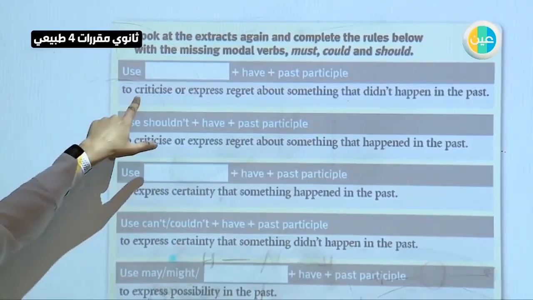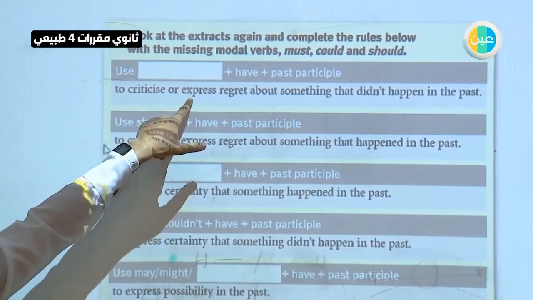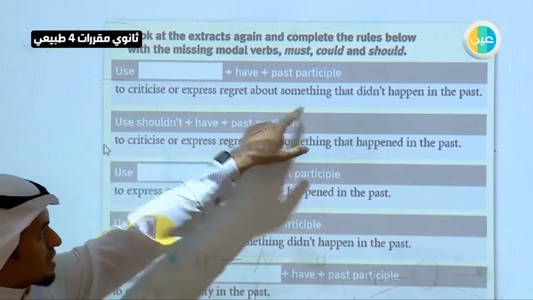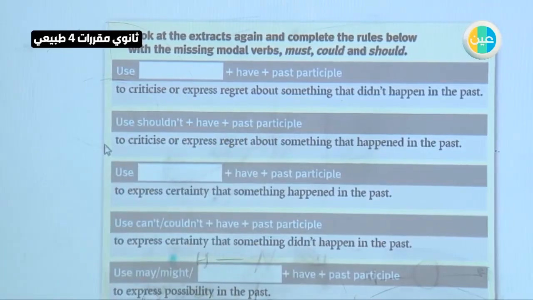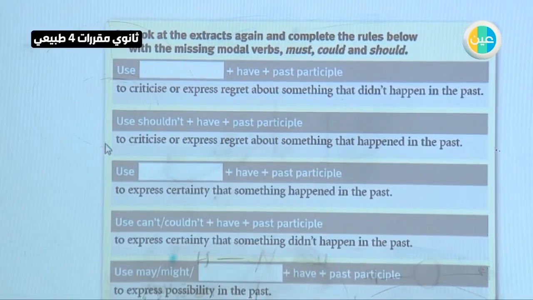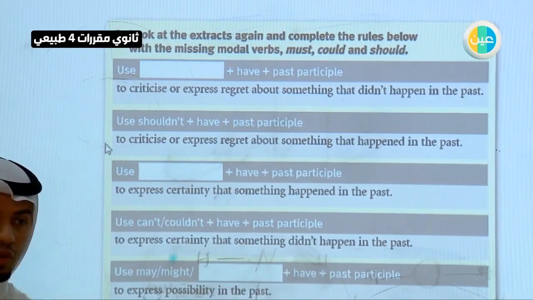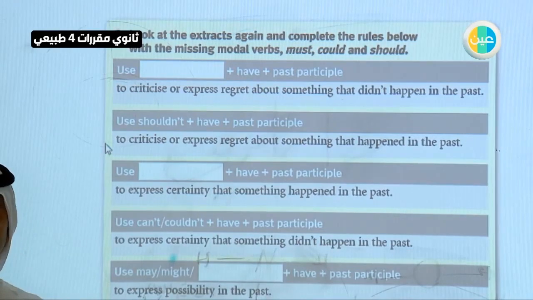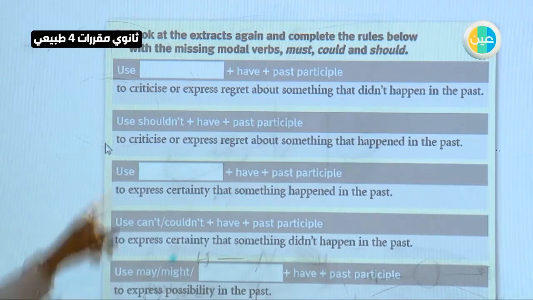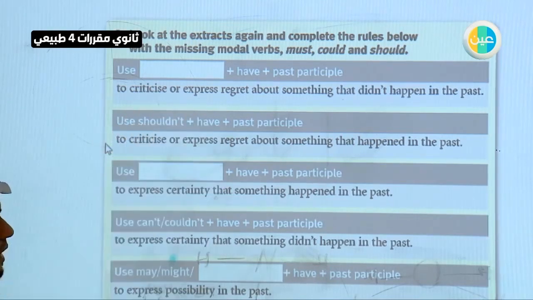That means to criticize or express regret about something that did not happen in the past. Think about it. We have just mentioned that in your grammar reference.